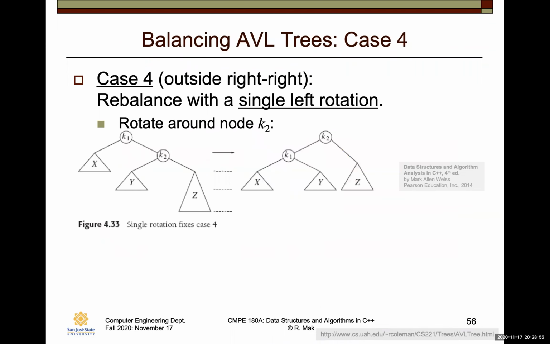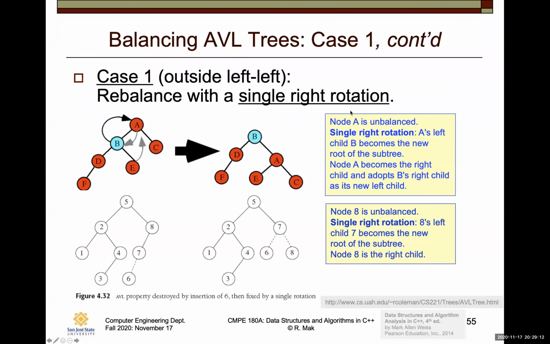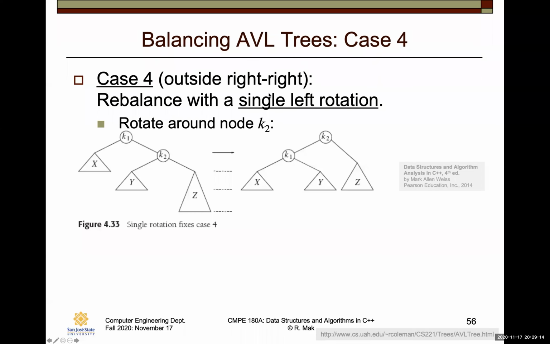Case 4, of course, is the mirror of case 1. And so the insertion was here, outside right right. And to rebalance, we do a single left rotation, right? Before we were doing a single right rotation, now we do a single left rotation around K2, and what we end up with is this, and the left child of K2 becomes the right child of K1.